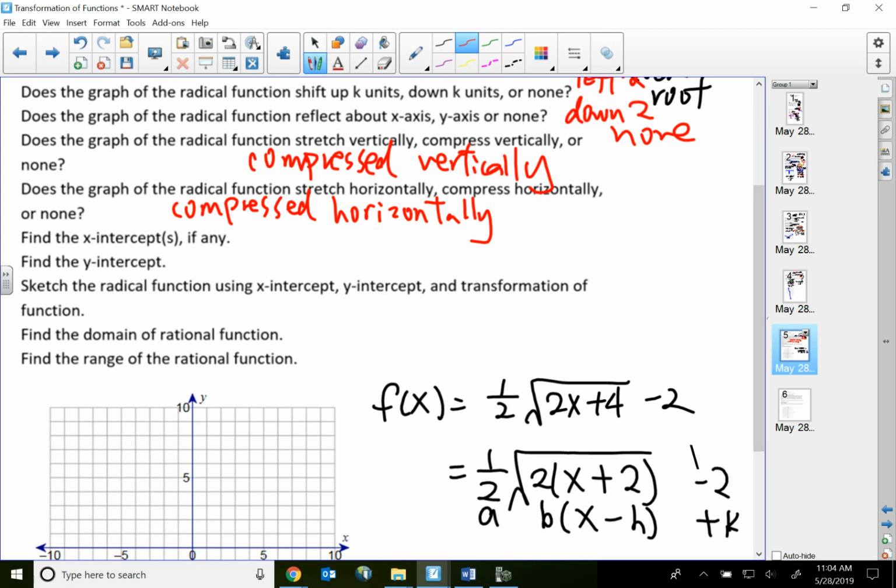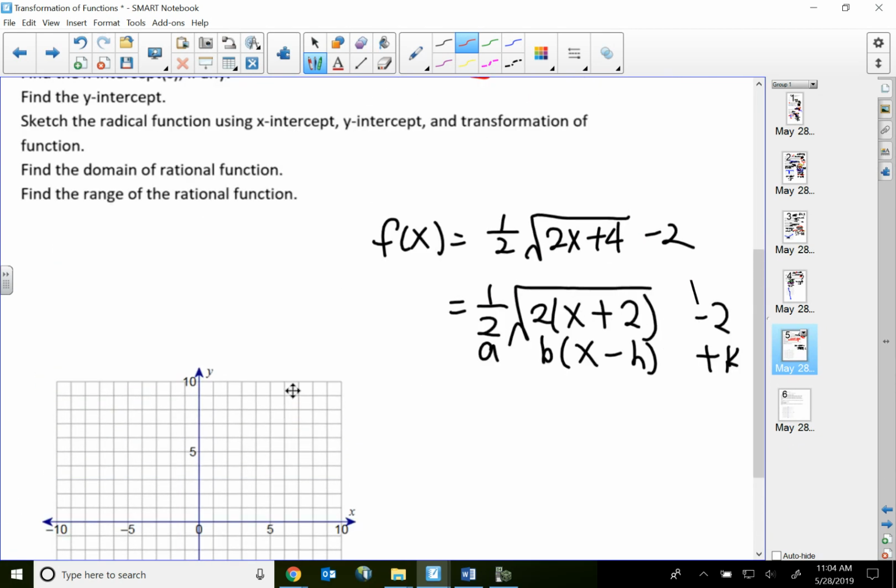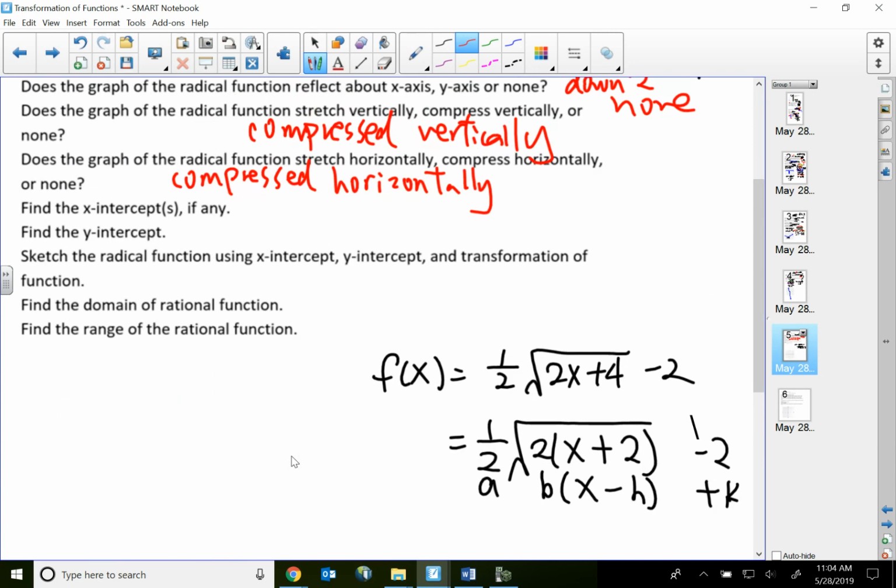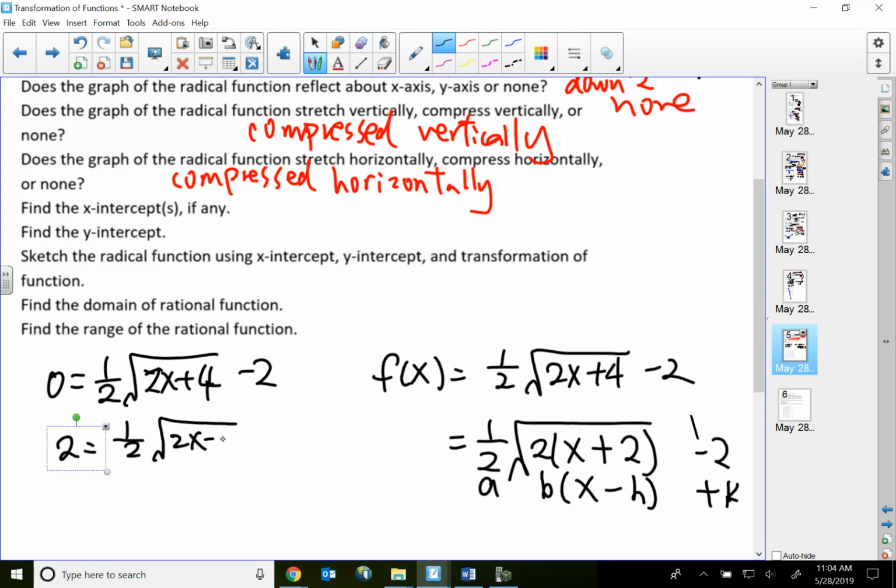All right, let's find the x-intercept. Let me move this down a little bit. Find x when y equals 0. So I'm going to say 0 equals half times square root of 2x plus 4, minus 2. I'm going to isolate my square root term by moving negative 2 over. So that will be 2 equals half times square root of 2x plus 4.